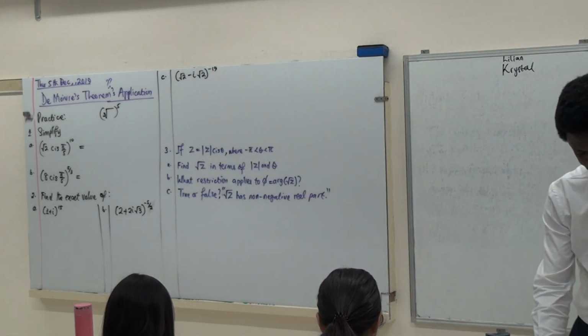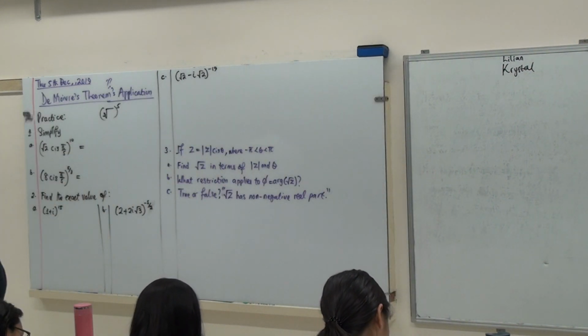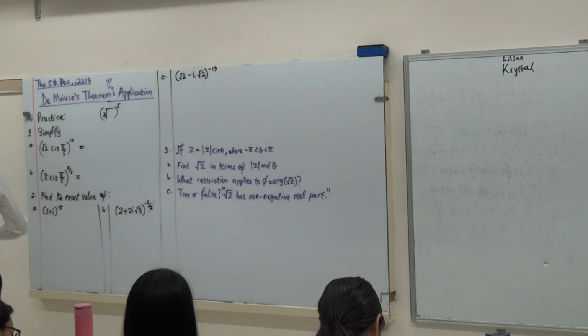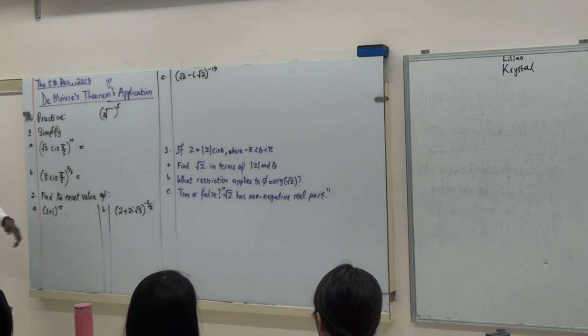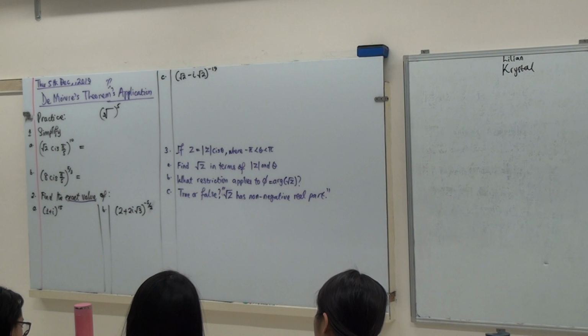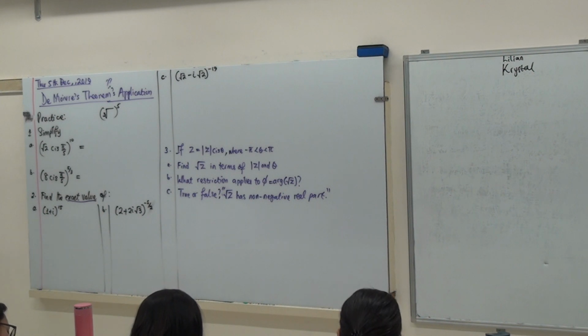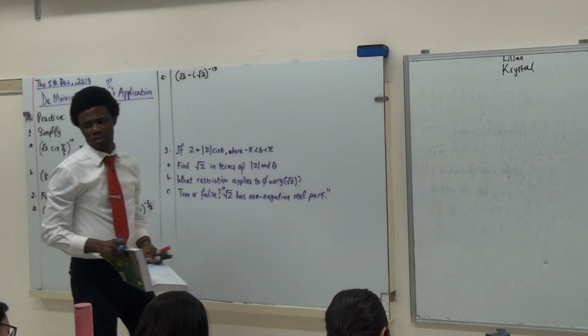Yes, sir. For this, I just do this. No, no. Are you talking about this one? Yeah. So can I just do this? Exact form, leave it at that. Yes, just leave it as square root raised to the power 15. That's the meaning of exact form. Just leave it as square root raised to the power something. Yeah?